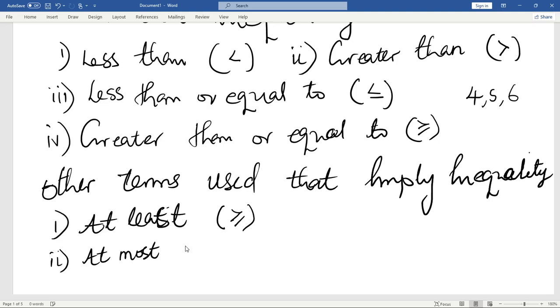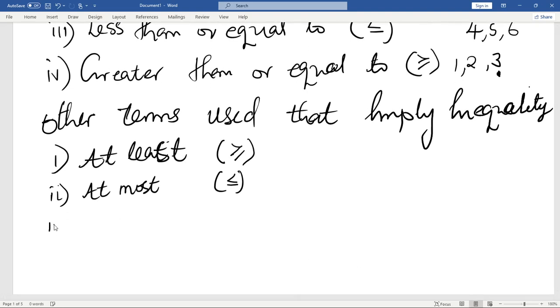If we say at most 3, it simply means that the maximum number you're supposed to go to is 3. So we have 2 somewhere here and 1, that is less than or equal to 3. So for at most, we simply use less than or equal to.